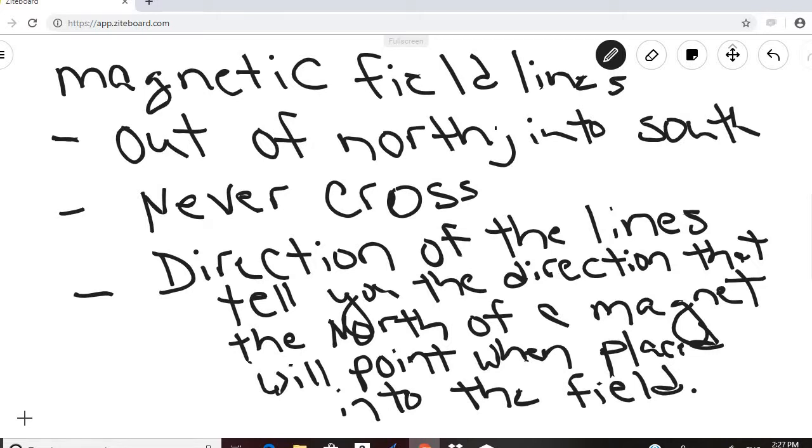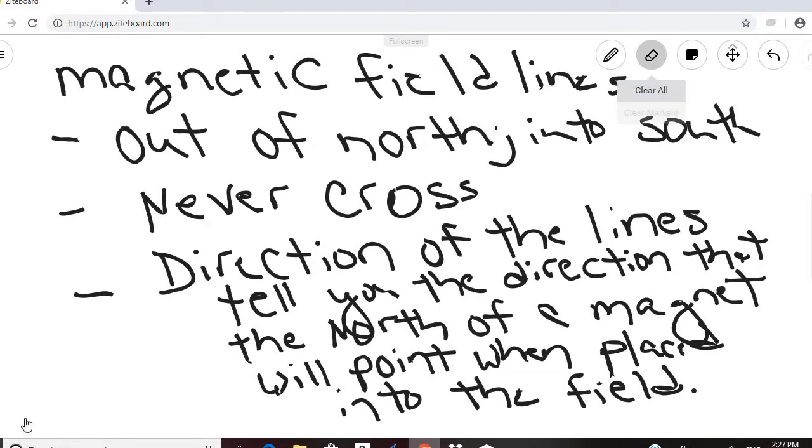And also the density of the lines will tell you the strength of the magnetic field. So the more lines that come out indicate that there is a greater strength in the magnetic field.